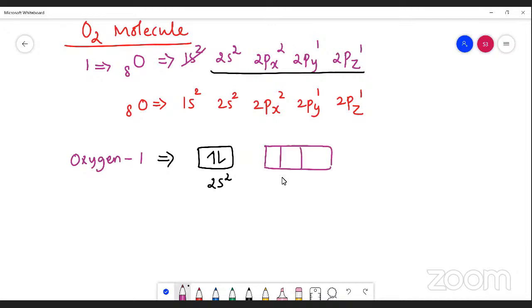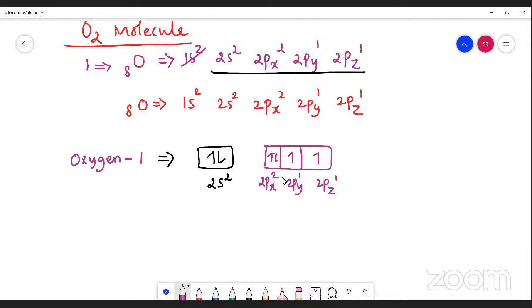So the p orbitals are designated as 2px2, 2py1, 2pz1. Okay. Now just put the electrons in the orbitals. So here 2 electrons, here only 1 electron, here only 1 electron. Okay, I am showing only the valence electrons.